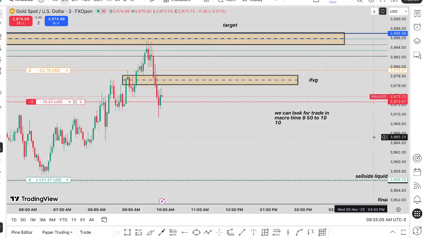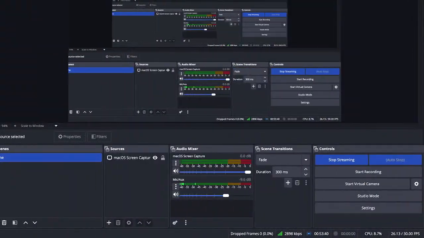Normally I close trade setup here, so let me see if it can make a move till 10:10 New York time. So 15 minutes I can wait, and then we'll be closing the session. Let's see what it does here.